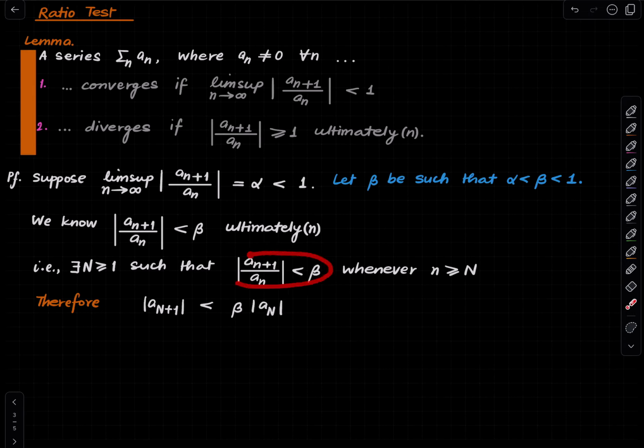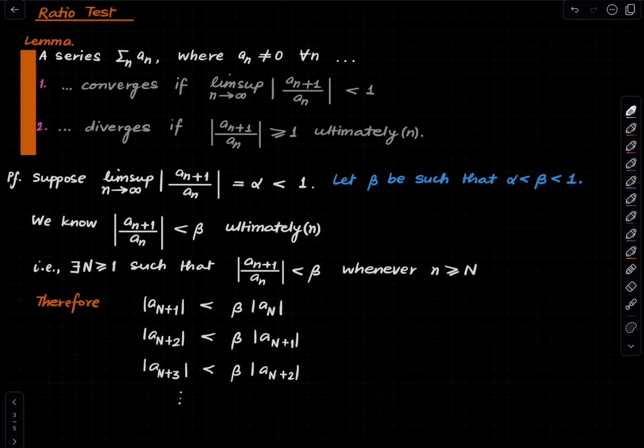Just applying this for little n equals capital N, then apply that for capital N plus 1 and so on. So we get this is less than beta times a_{n+1}, and so on and so on.